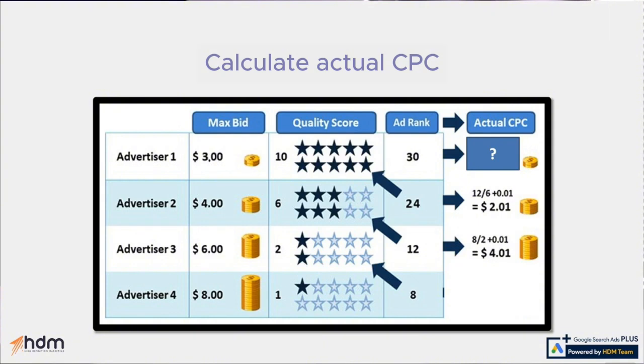Why is it that up to this point the order of display relative to each other is like this? It says, look, you are placed higher than the next advertiser, which is advertiser 3, based on what? Based on the fact that I said your ad rank was higher than the one below, right?